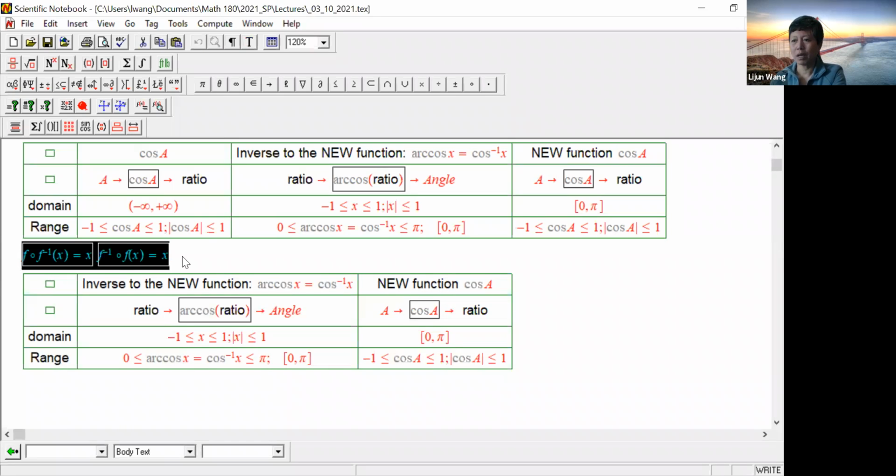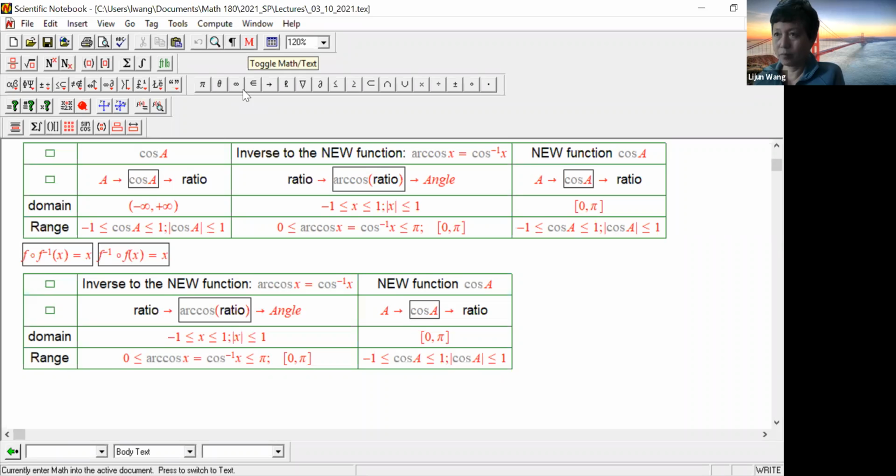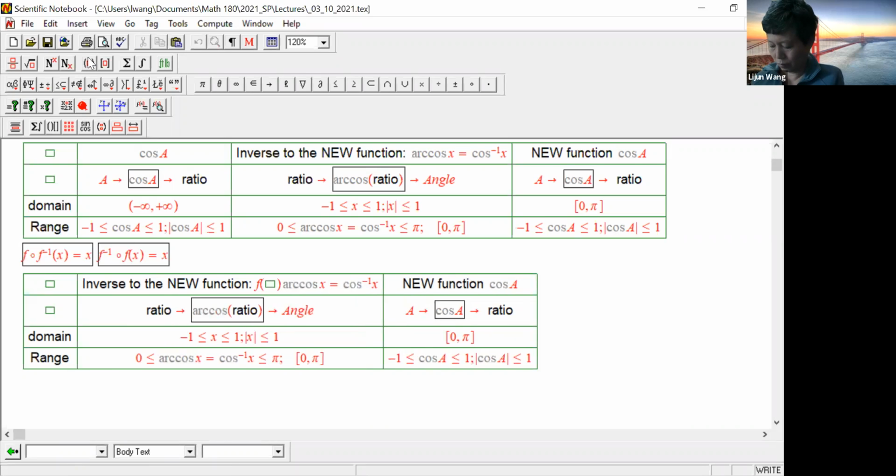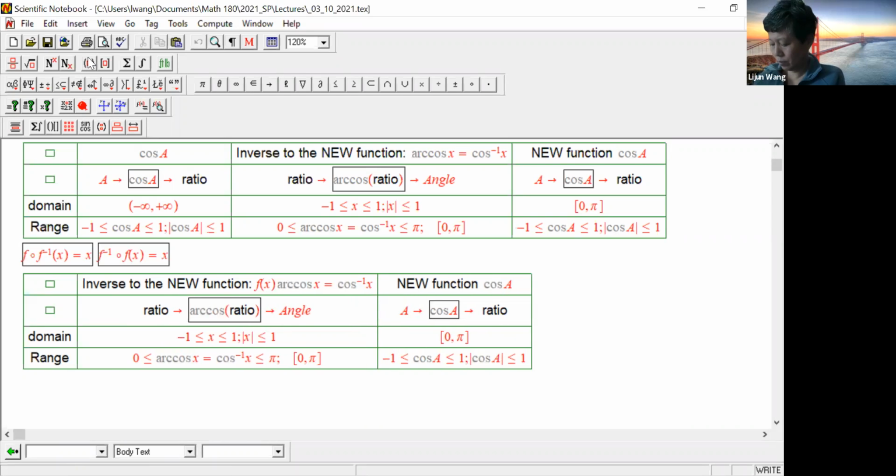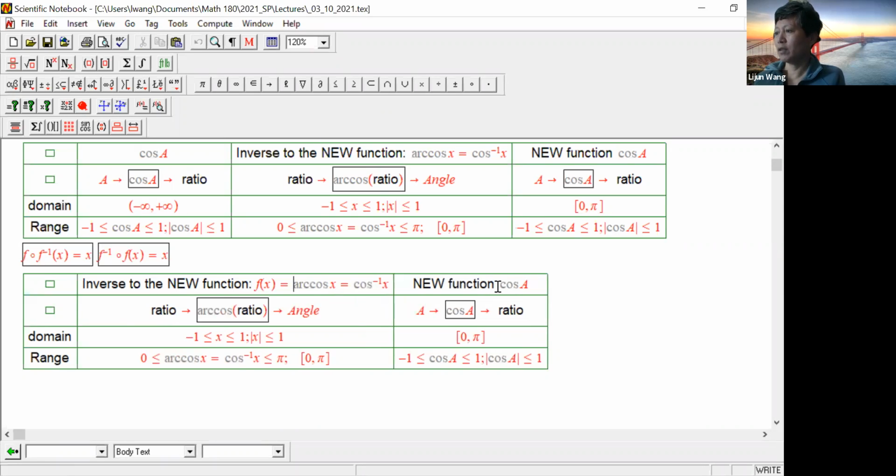Okay, so how are we going to apply this? We're going to call this guy F. And of course, this will be F inverse. They are inverse to each other with a specified domain and range.